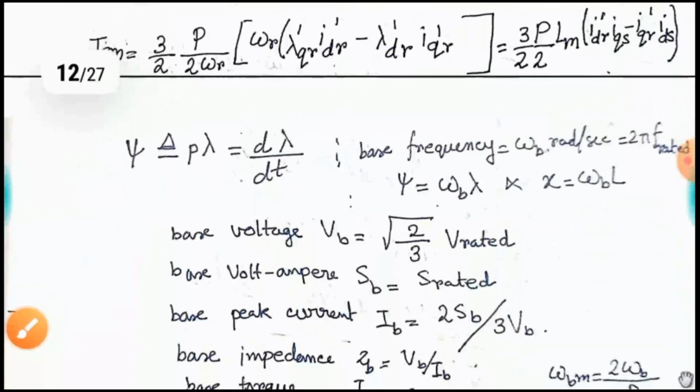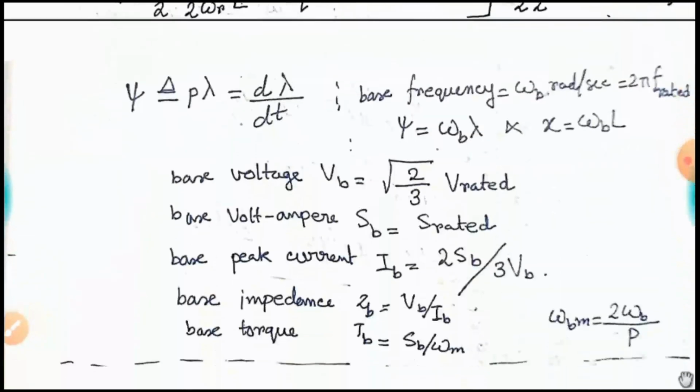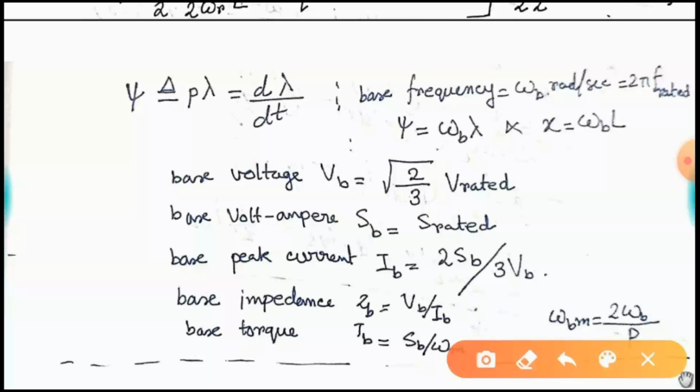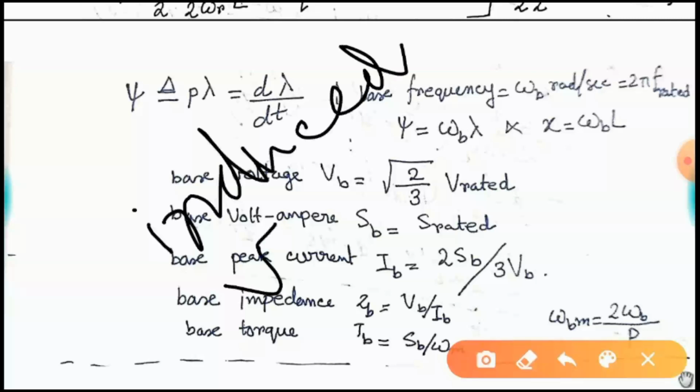Now what more can we do? In the case of steady state, we can make a few assumptions, and we can also go for a per unit representation. See here, we are writing p lambda, that is d/dt of lambda, our induced voltage across a particular winding.